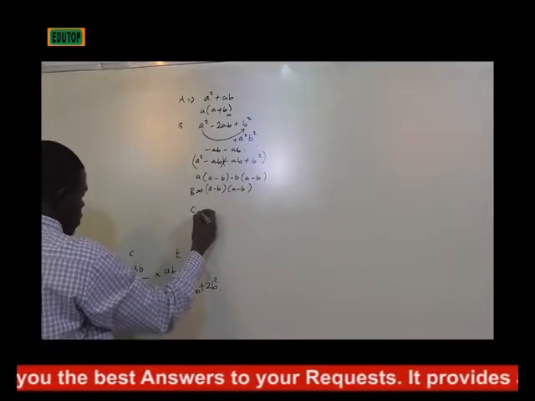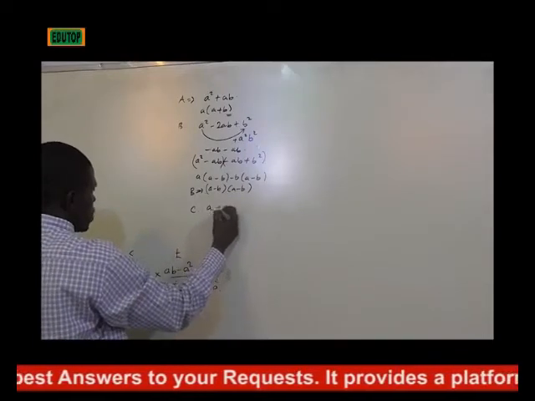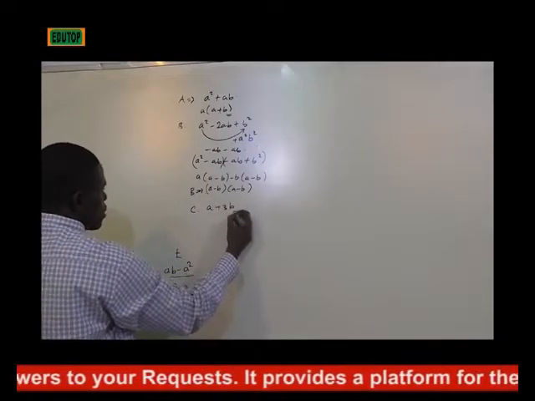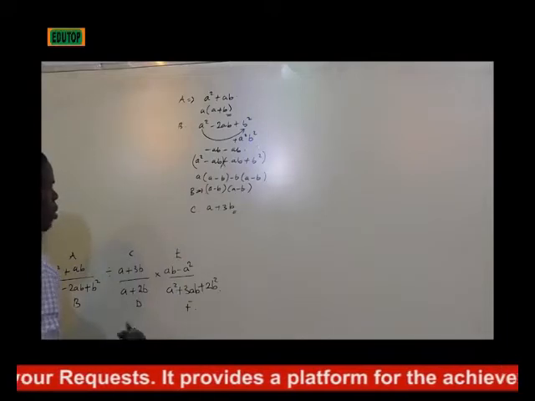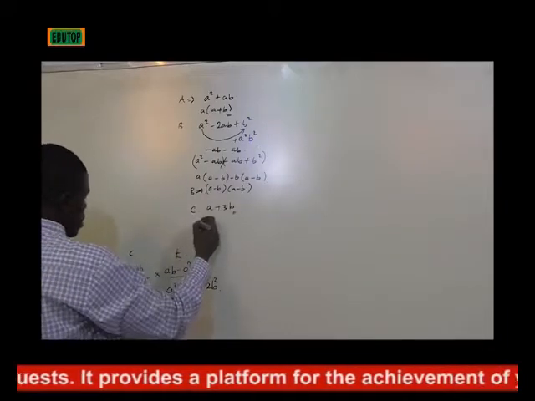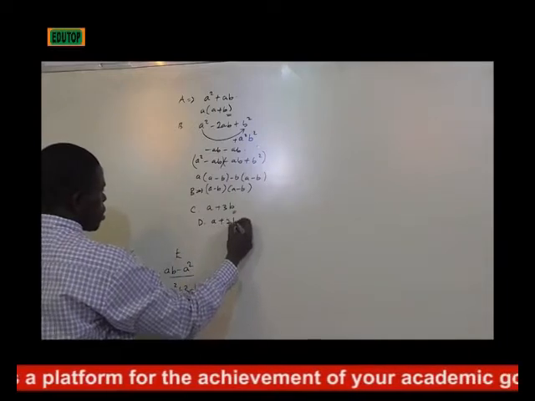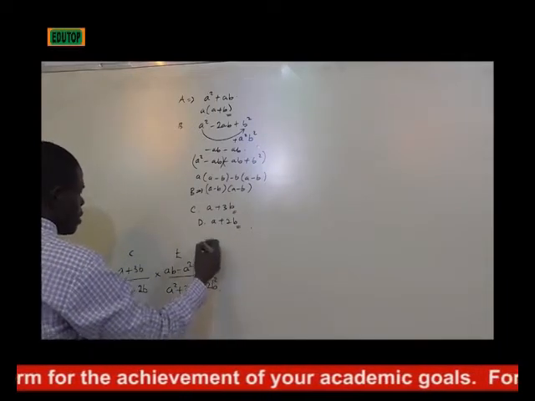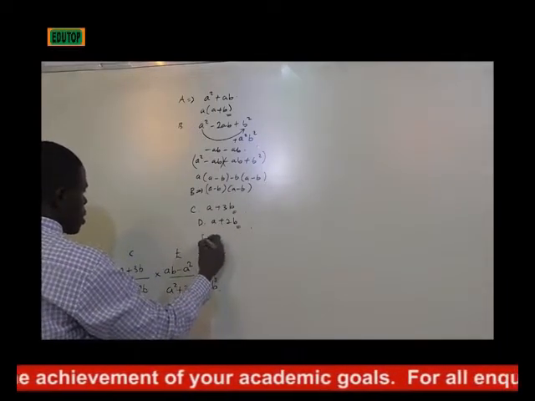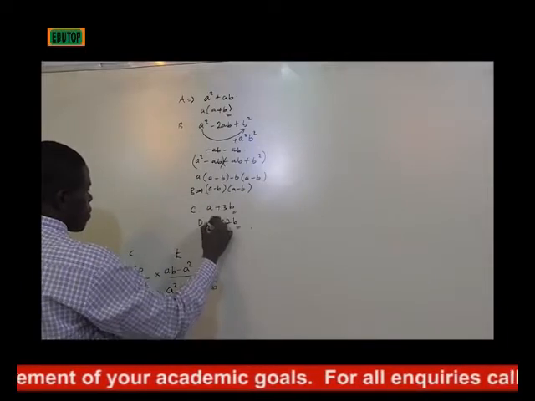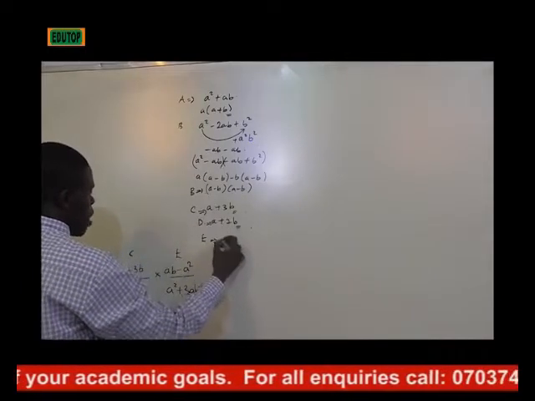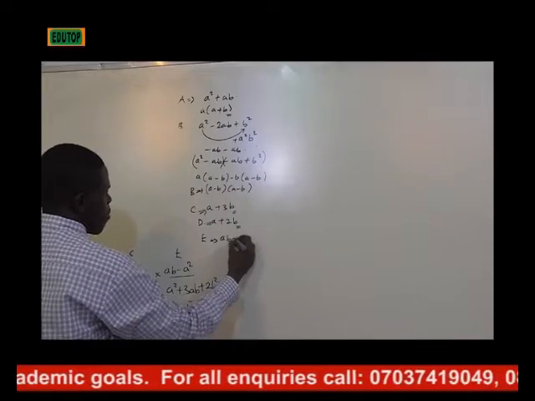Then the C case, I have a plus 3b. So this one is standard, so we should not tamper with this. Then D is also standard, a plus 2b. Then the E case, we have ab minus a squared.